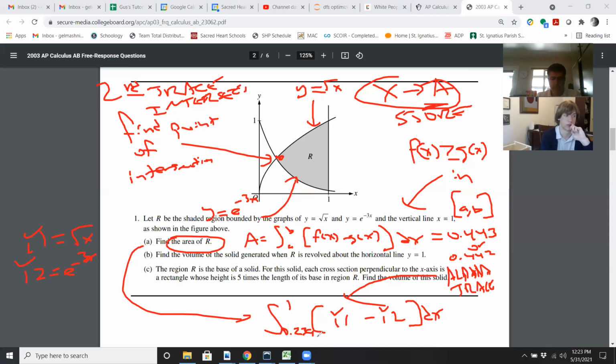Would still be okay. What if I round to 2 decimal places? So I did 0.24. Okay, we're still okay. What if you did like 0.2, which would be lame? Yeah, then you're going to be off. You get 0.441. So, yeah, better safe than sorry.